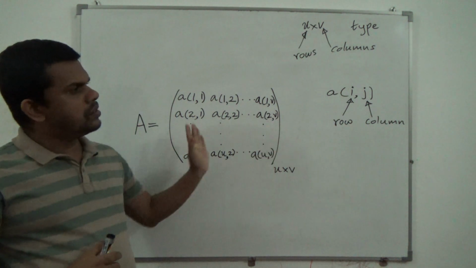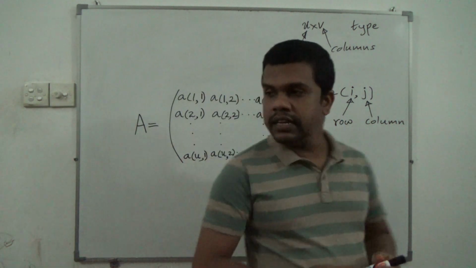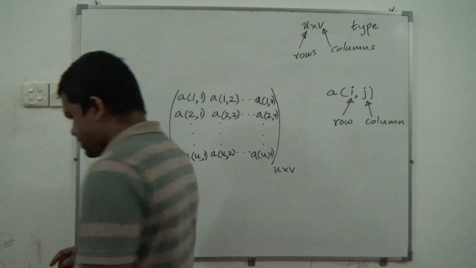This is the notation I use, and now let's discuss how to multiply two matrices.